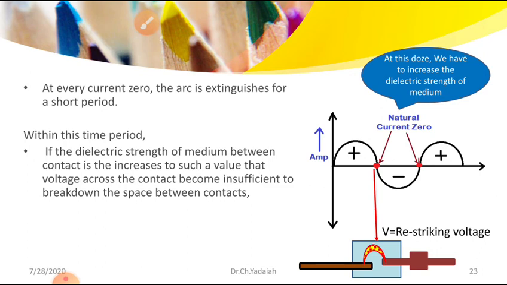We have to allow this at the instant of zero position, at the instant of breaking time. Then the arc fails to restrike and the current will interrupt automatically.